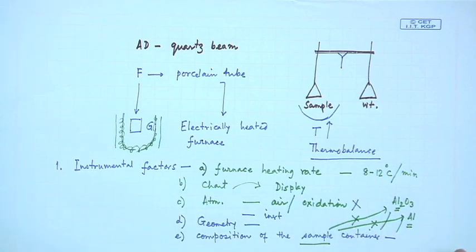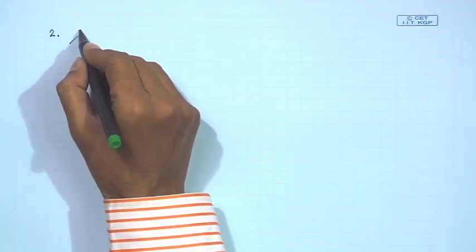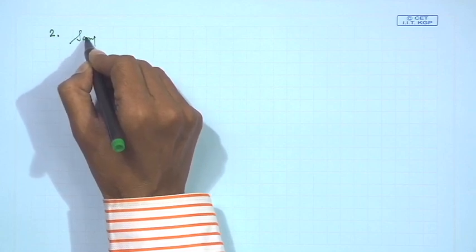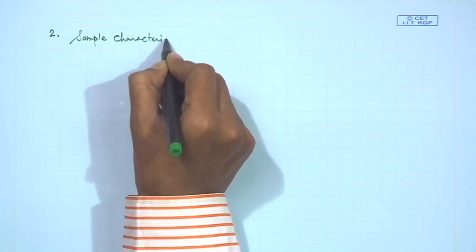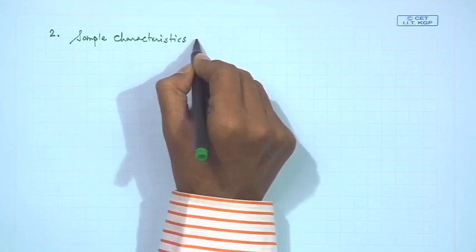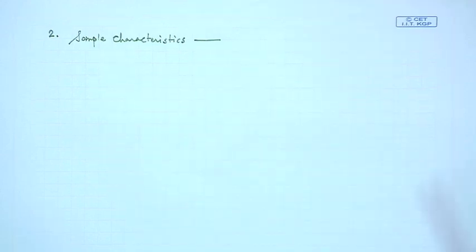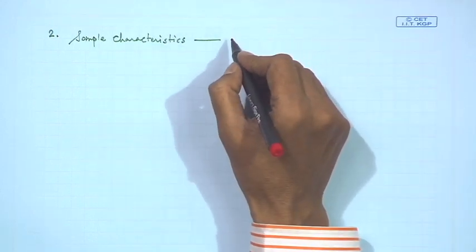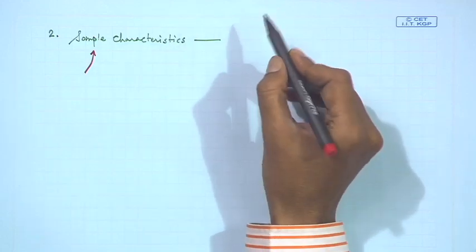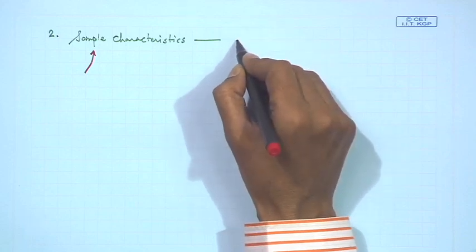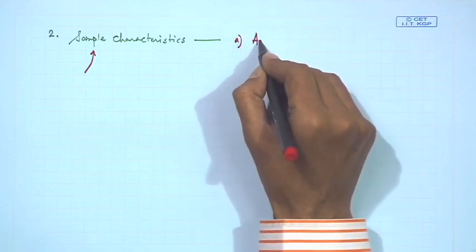Then these are all instrumental factors. So, after all these instrumental factors, we can have the sample characteristics. Number 2 is sample characteristics, which is very important, because this will not change from the old thermobalance to the modern day thermobalance, because the sample we have to monitor by ourselves. So, the first thing is the amount.